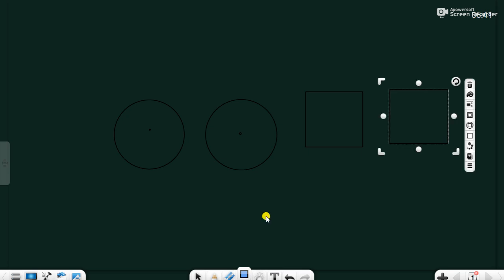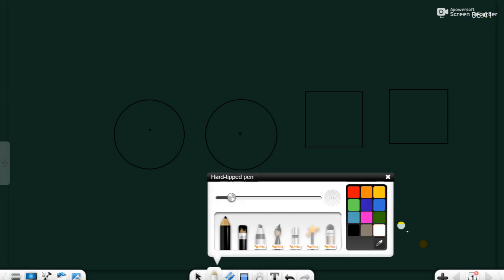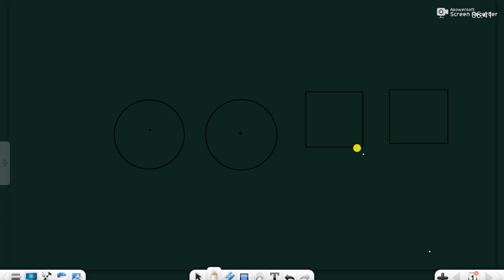When we say that these two squares are congruent to each other, first of all, these two squares will be equal only when their corresponding sides are equal. Suppose this is ABCD, and this is EFGH.